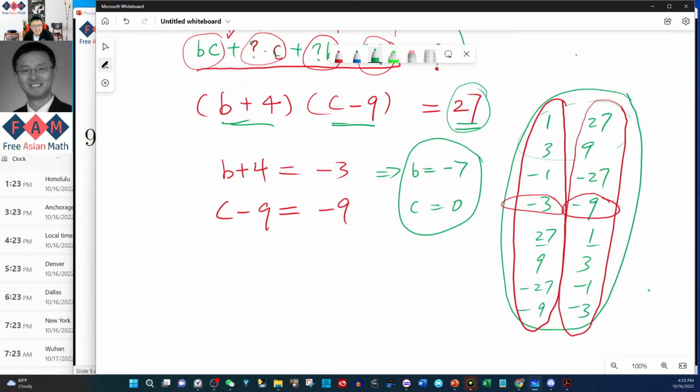Just make sure that you recognize that although the numbers are fairly simple, you still get quite a large number of pairs. You got 8 pairs, not 2, not 4. You have considered the order between the factors. You have considered both the negative case and the positive case.